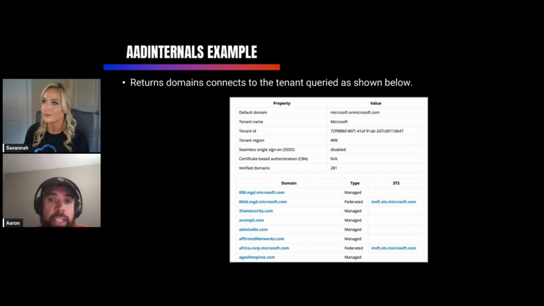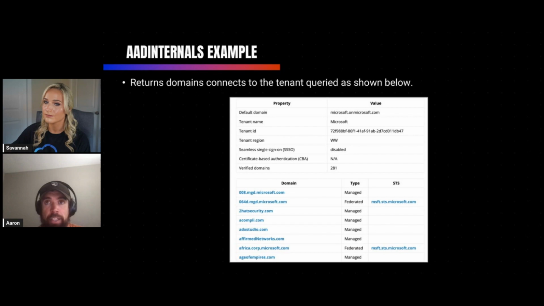Moving into AADInternals. Basically this is in Azure, to query for cloud resources. AADInternals is a collection of PowerShell modules that is very robust and powerful, and can be used to enumerate a lot of objects once access is gained to Azure. But from an open source research standpoint, it can be used to list an organization's tenant information.